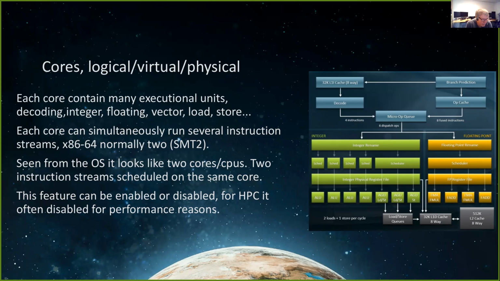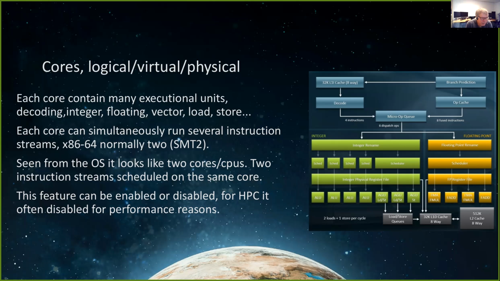But the problem is that if you run 2 threads on this one, and they are more or less the same, like in HPC where we do structured problems, you request the vector units and the floating point units that are not duplicated.